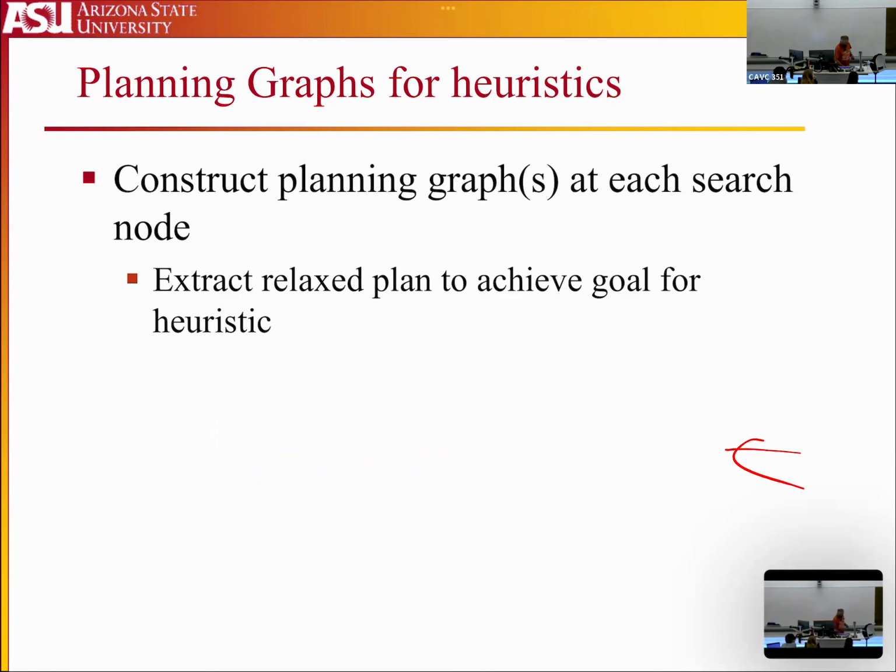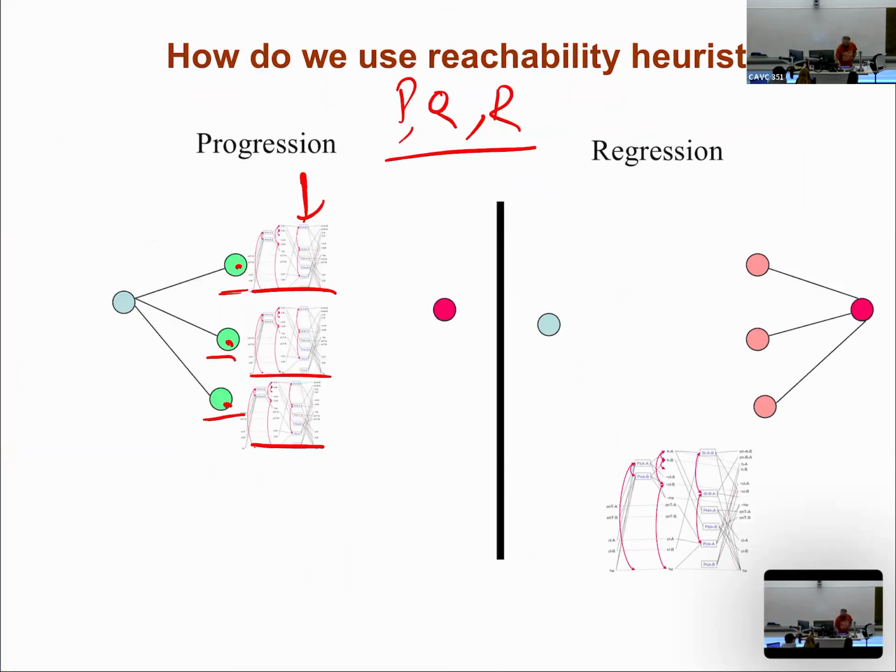On the other hand, if I'm going in regression, the initial state always remains the same. So I need to construct one planning graph and I keep it forever. As I go regression, the regressed states change, so the new goal states will be checked with respect to the same planning graph.